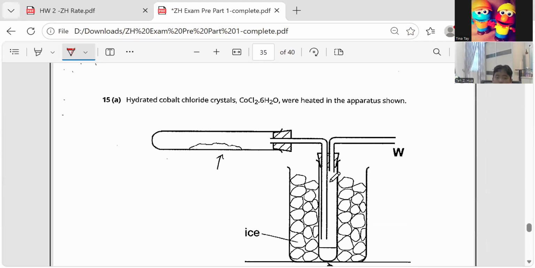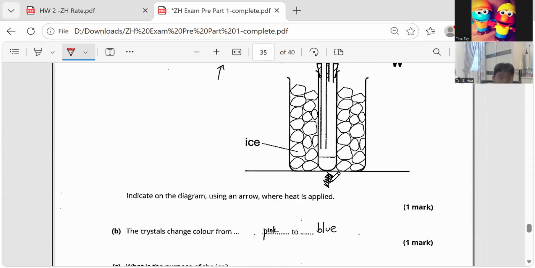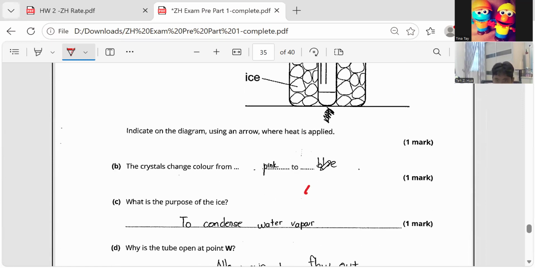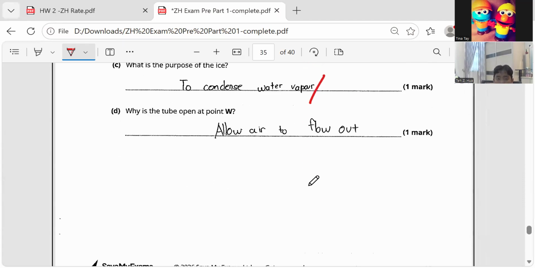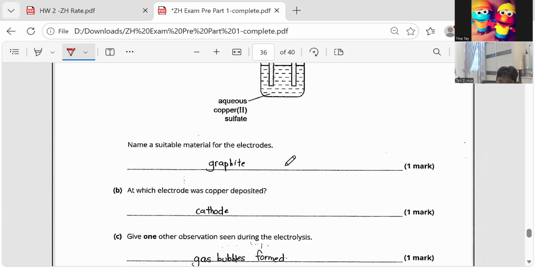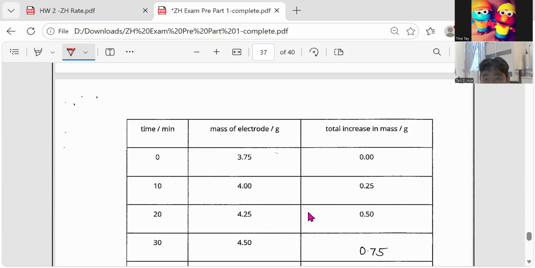Got some more. Oh, this one is to test hydrated salt. Paint to glue to condense the water vapor. Okay. This one like we discussed already. This one haven't. The last one, yes. Oh, okay, okay.